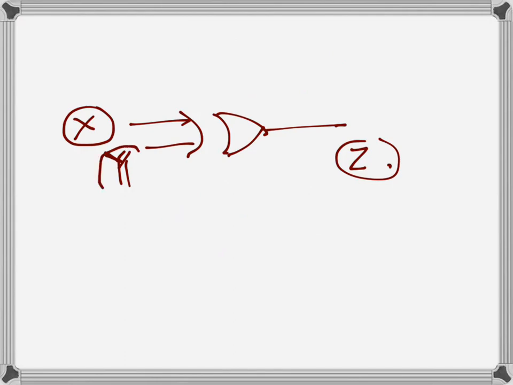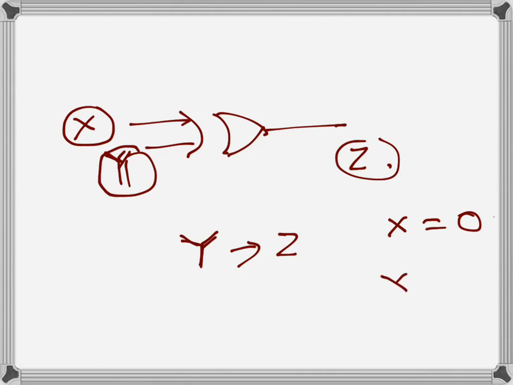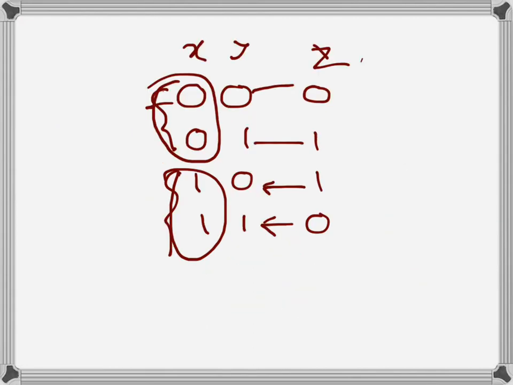So whatever is at Y is going to Z. But when X is 1, Z is Y invert. So it is being inverted. Here 0 is becoming 1, here 1 is becoming 0. So it can be used as a controlled inverter.